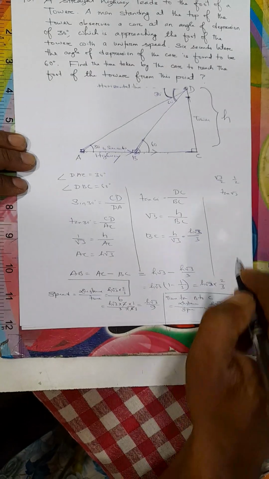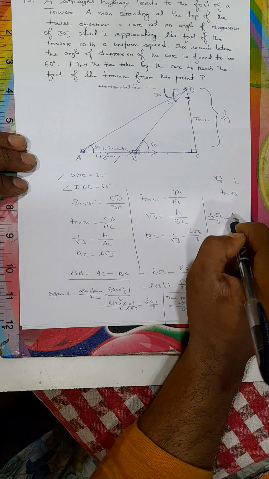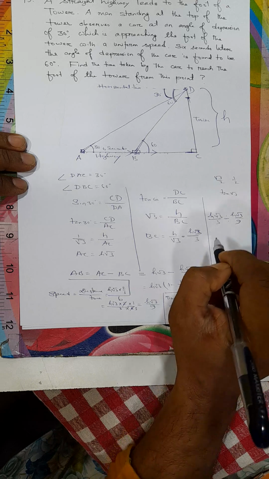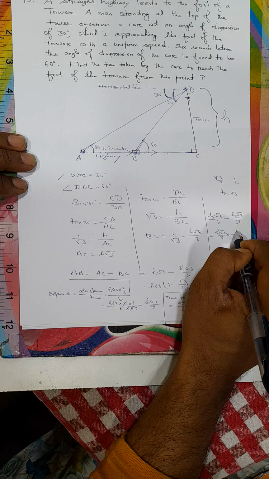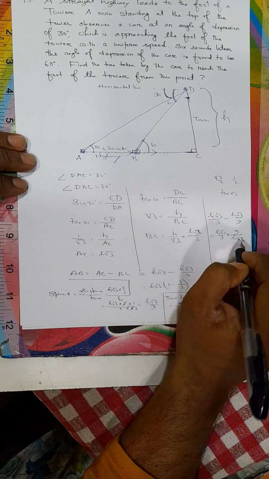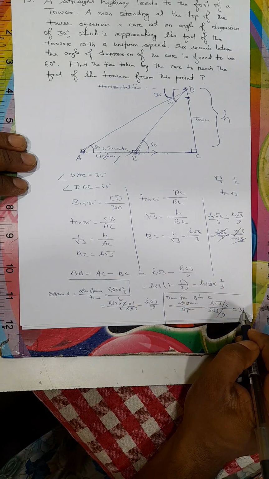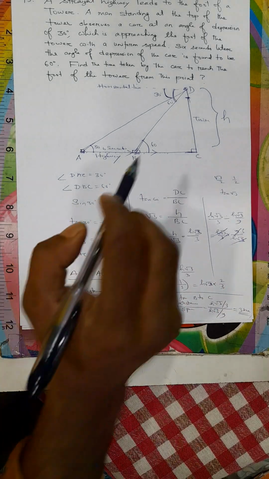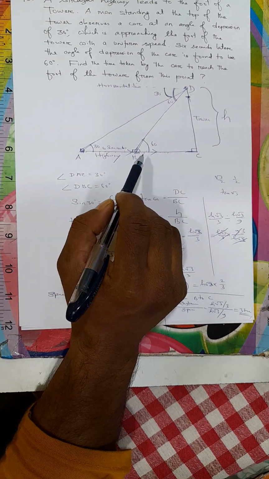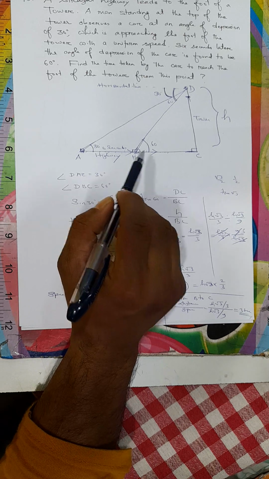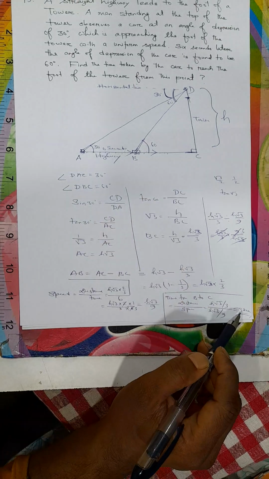So let us simplify this. h root 3 divided by 3 divided by h root 3 divided by 9 becomes h root 3 divided by 3 multiplied by 9 by h root 3. So this will cancel each other. 3 3s are 9. So it is 3 seconds. That means from B to C, the car will take 3 seconds. From the position of B to reach the foot of the tower, the car will take 3 seconds.